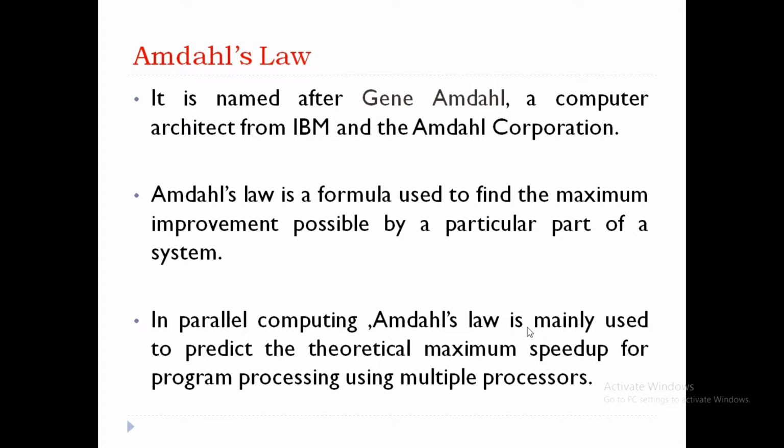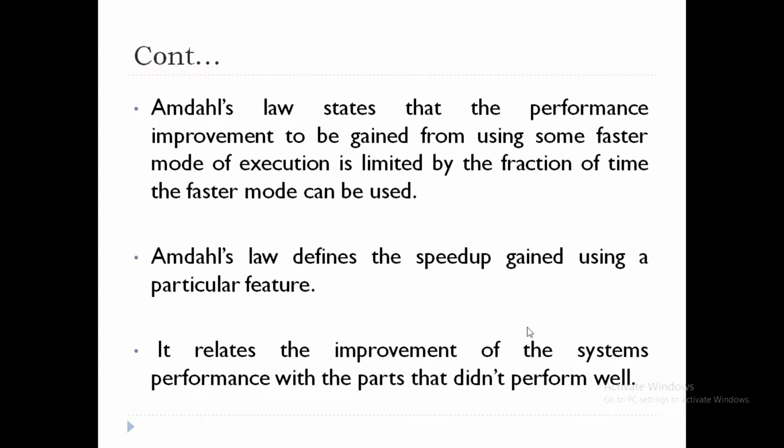The performance gain can be obtained by improving some portions of a computer. That is, if you have a machine, different components will be there. If you improve some part of that machine, what improvement will you get? Similarly, in a parallel environment you will have different processors.